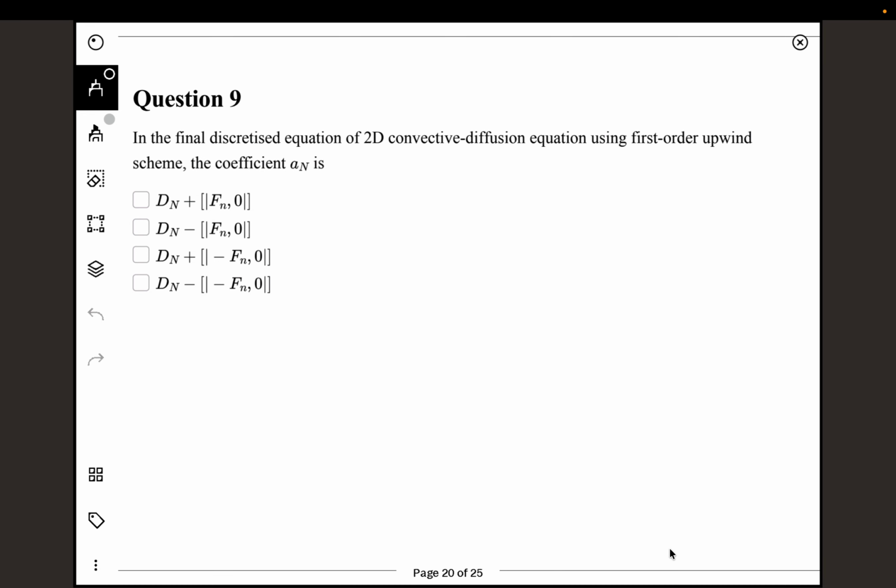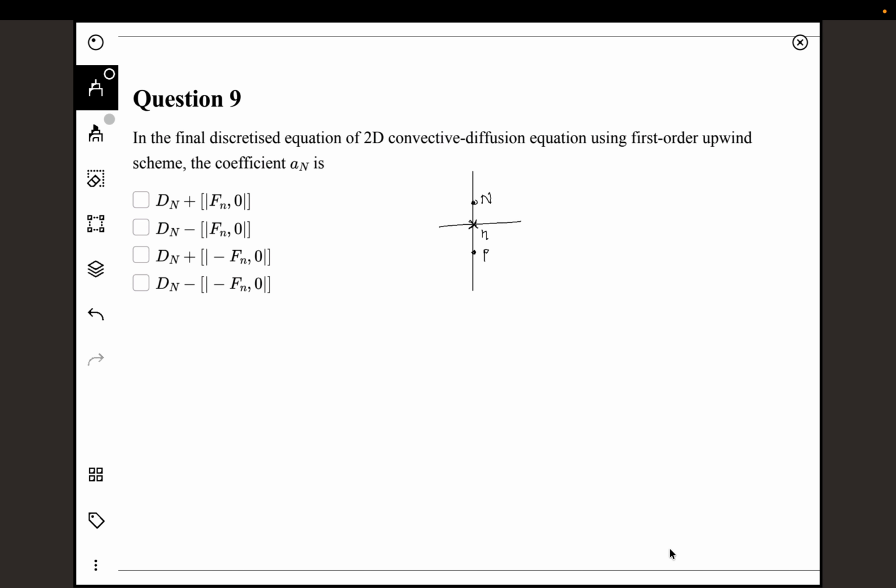In the final discretized equation of the 2D convective diffusion equation using the first order upwind scheme, the coefficient aN is, so if you're discretizing around the north, let's say this is my grid, this is my point P, this is my north cell, and this will be the face center n. How will the discretization look?